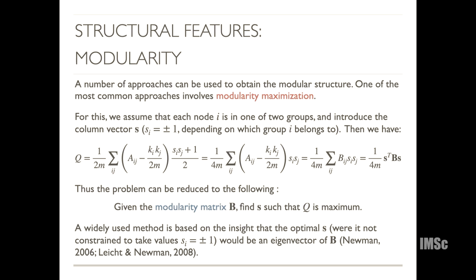One of the most widely used approaches, which is outlined in these two papers for undirected and directed networks, is based on the insight that the optimal S would just be an eigenvector of B. So if S is an eigenvector of B, you get lambda times S, and then S transpose times S is just N, because you are multiplying each spin by itself, so -1 times -1, +1 times +1, and you just get N. So you get lambda times N by 4m.